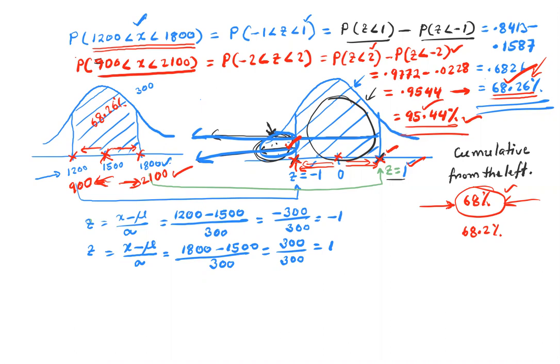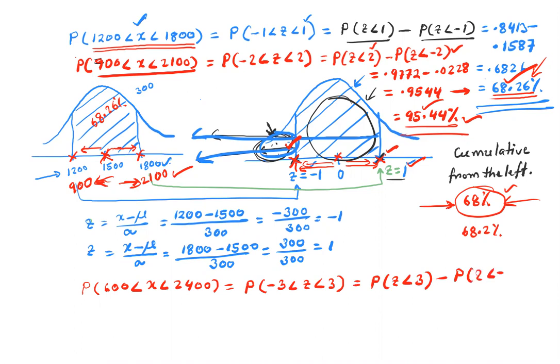And then you can do the same thing for 3 standard deviations. So let's do the 3 standard deviations. That'll be like going from 600 to 2400. And that's going to be the probability of -3 is less than z is less than +3, okay, which is the same as the probability of z less than 3 minus the probability of z less than -3.